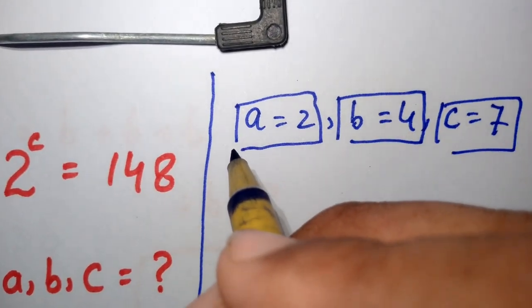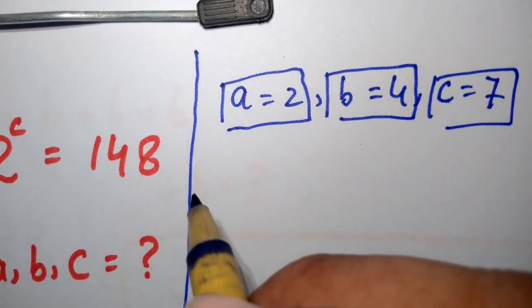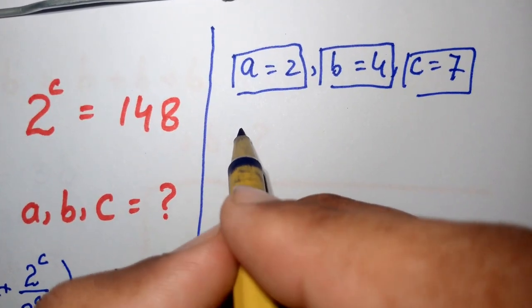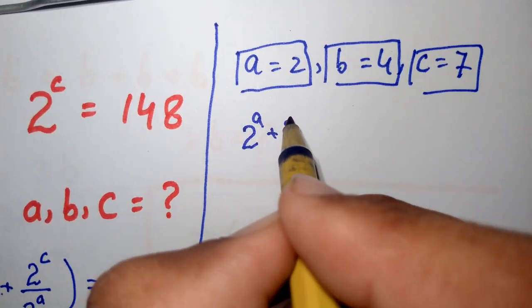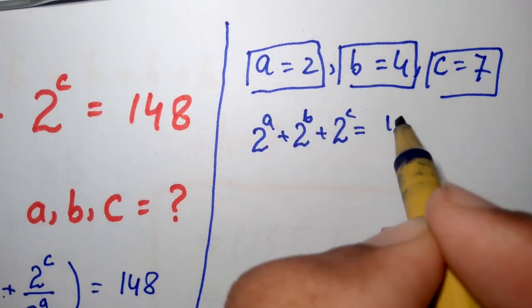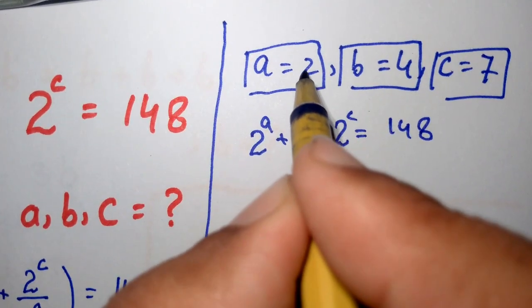Now we have to verify our answer, whether it is correct or not. So we write the question, that is 2 to the power of a plus 2 to the power of b plus 2 to the power of c is equal to 148. Now we have to put the value of a, b and c.